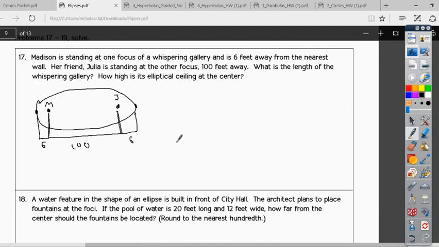I'm going to pause it. So the length of the gallery is going to be 112. How high is the elliptical ceiling at the center?